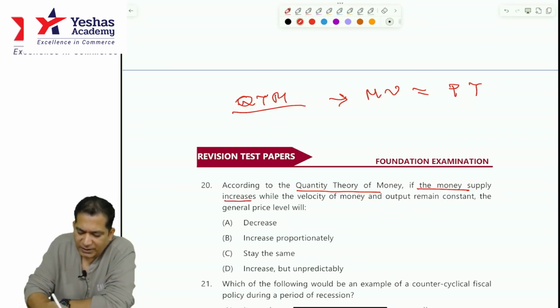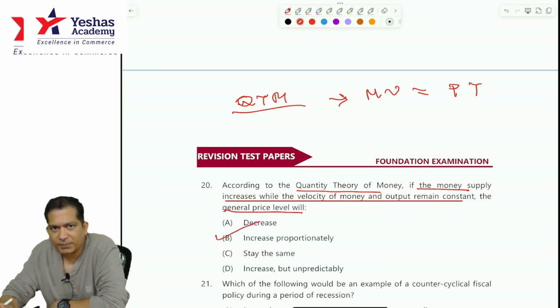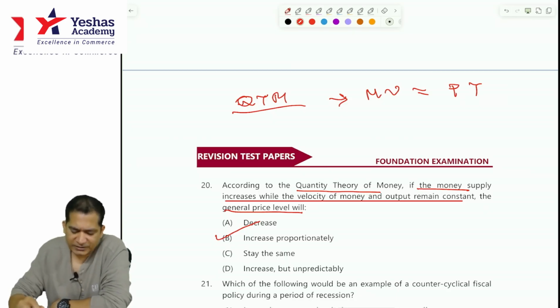So if supply of money increases, the velocity and output remain constant, then the general price level will increase proportionately, not unpredictably. Right? So the conclusion drawn from this theory was that money supply and price level are directly related. Higher the amount of money supply, more will be the price level, and vice versa.